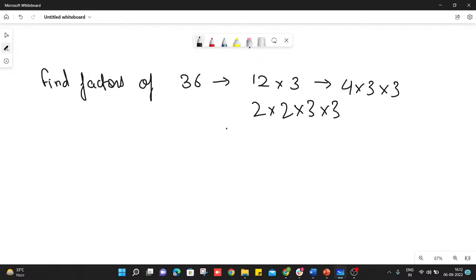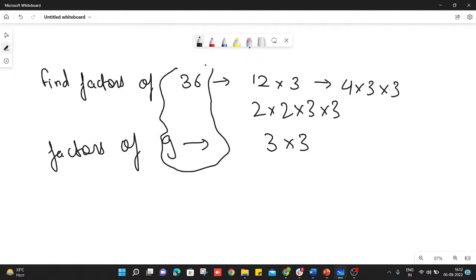These are the factors of 36. Factors of 9: 3 times 3 is 9. So what are the common factors between 36 and 9? It is 3. We have a 3 here as well as we have a 3 here.